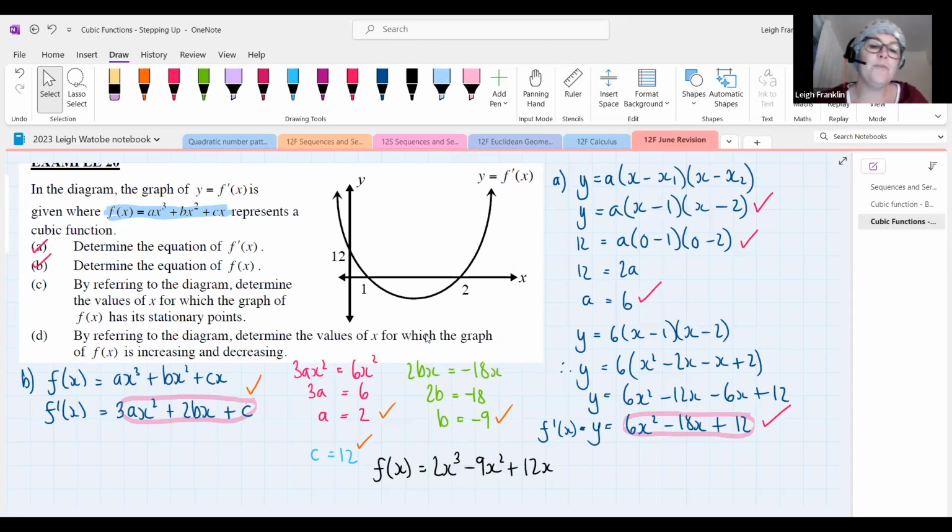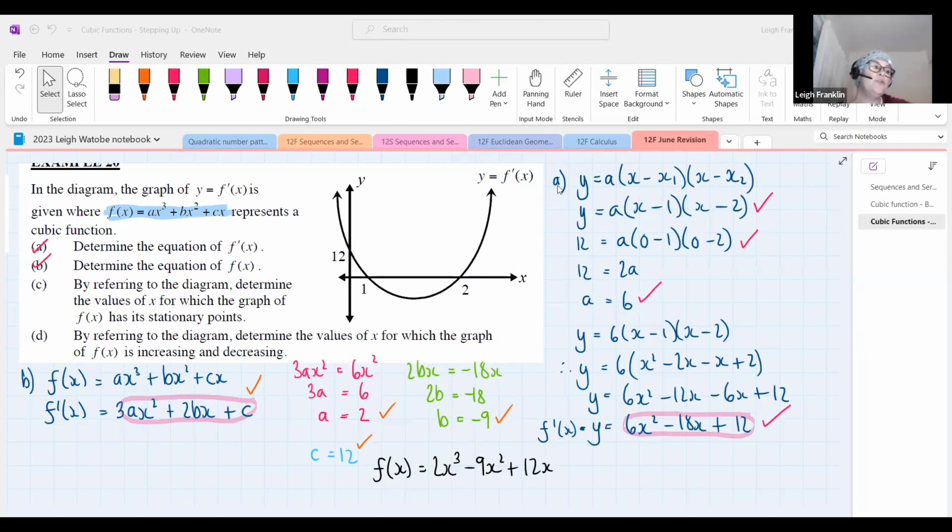Because they're both x squareds, you can equate your coefficients. That's where you get 3a equals 6 from. Then you do the same with your 2bx term, making it equal to negative 18x, and the same with c. There's no other way of doing it in this situation, unfortunately. You've got to work backwards.